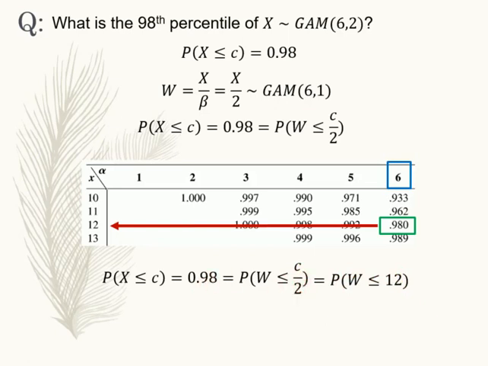So if I focus on those two things, I know that 12 is equal to C over 2. Therefore, if I solve, C is equal to 24. So you've just pretty much done the opposite of that standardization. Instead of dividing, here you're just multiplying. So you can think of it as going backwards.